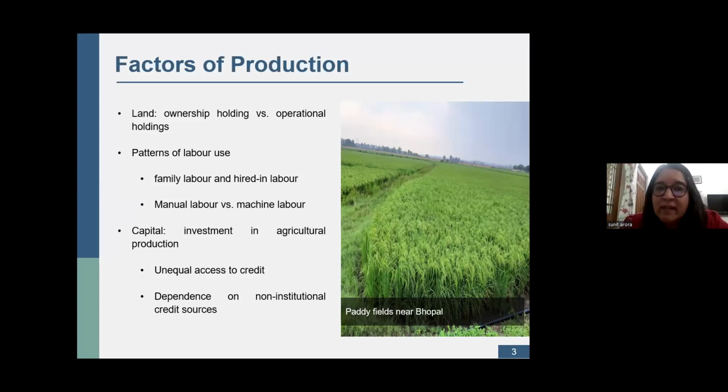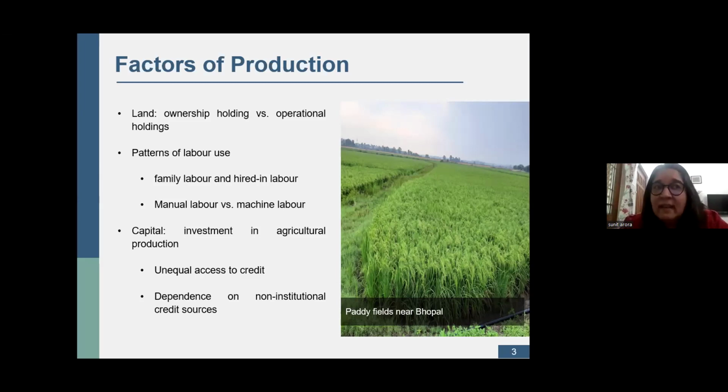Family labor is usually associated with small scale farms or subsistence farms, which usually have production at a smaller scale, and they use family labor to take care of most of the production processes. As the farm size increases, usually there is an increase in the amount of labor which is hired in to complete agricultural processes. Another categorization is manual labor versus machine labor.